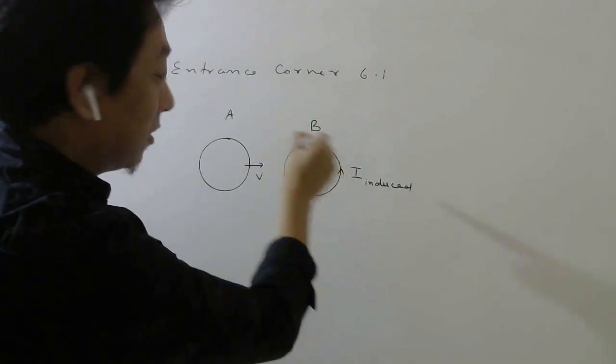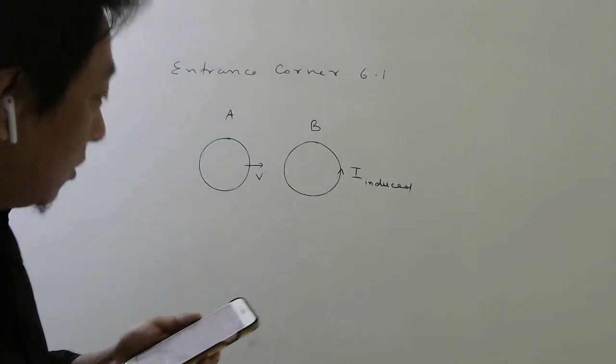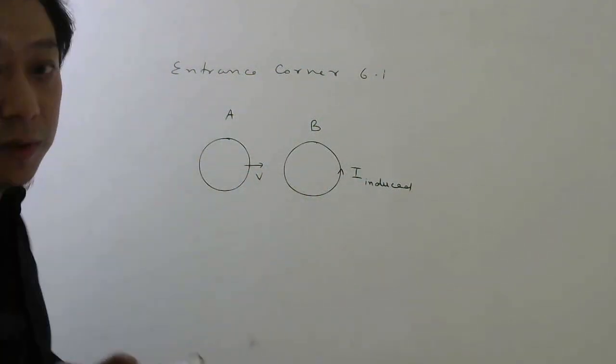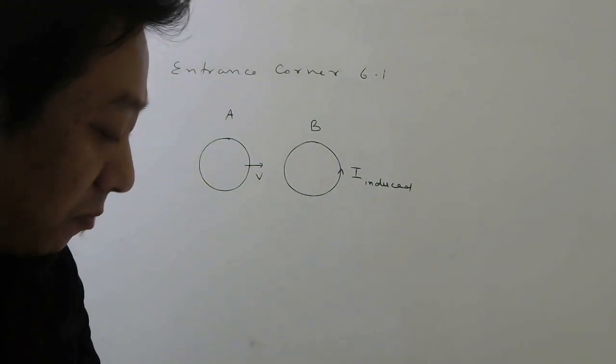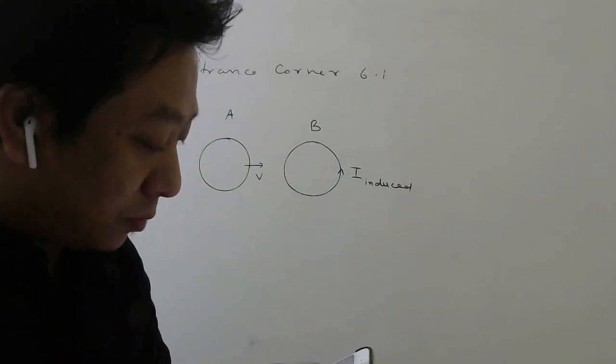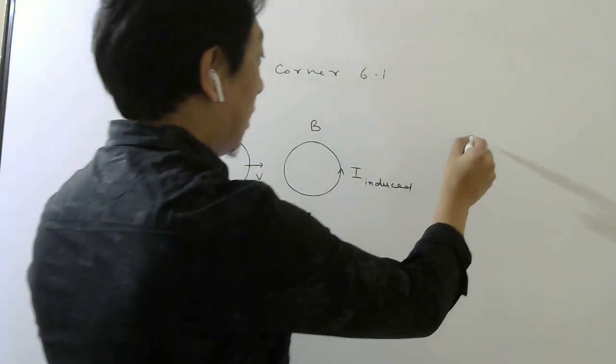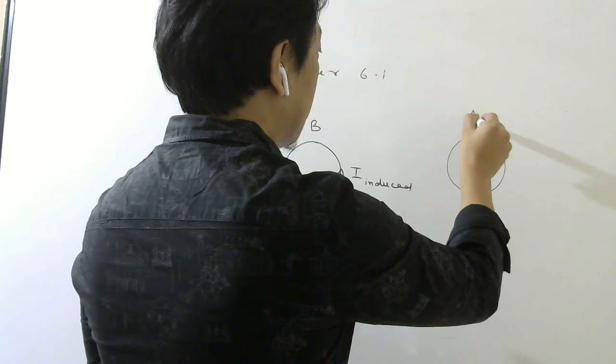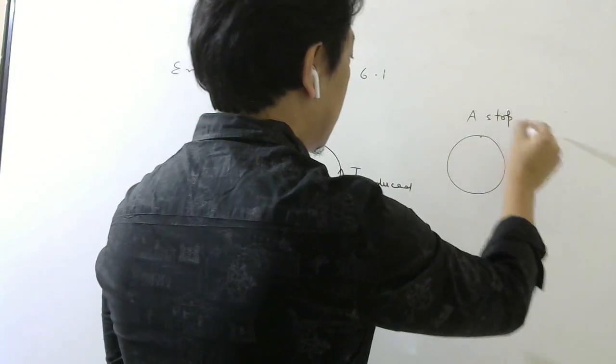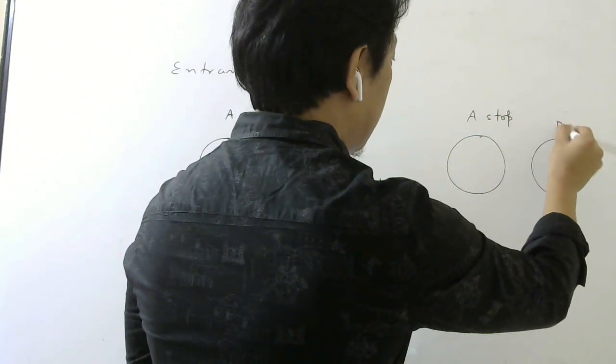Are you understanding? So according to the question, we have to find the current induced here. Also they have mentioned when A is moved towards B, and when A stops, if A stops moving, then in B there is no current.